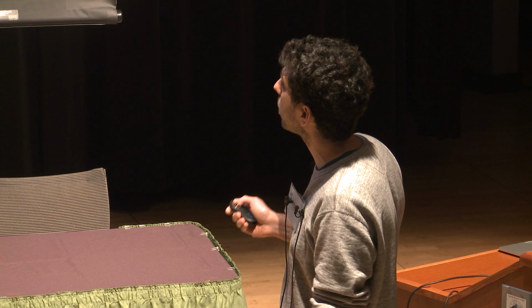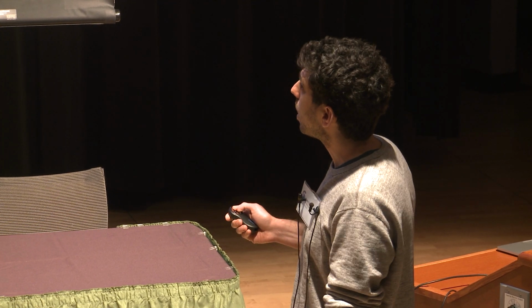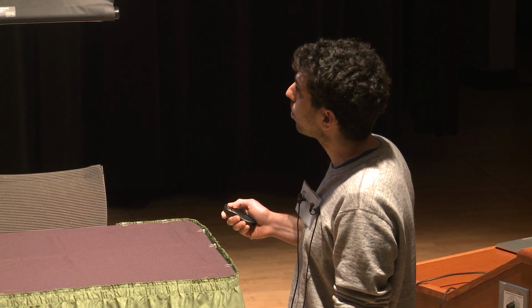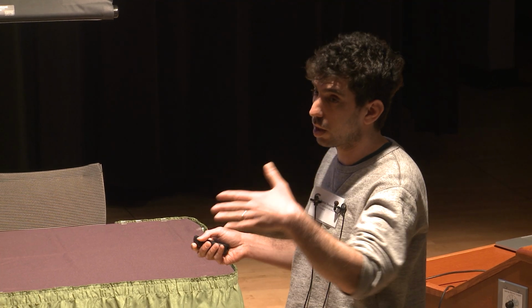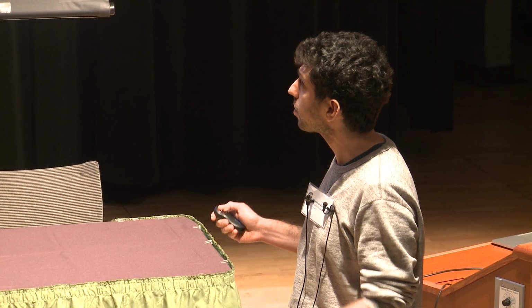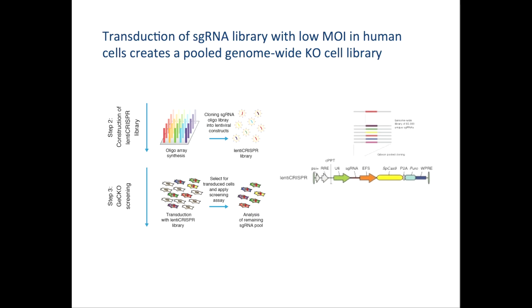After cloning, we get a plasmid pool. And after making virus, we get a viral pool. Every virus will target a different exon in the genome. We then transduce cells with this library and select for only transduced cells. When you do transduction at low multiplicity of infection, because you want to make sure that every cell gets a single virus with very high probability, you will infect around 30% of your cells, but then you're going to select.